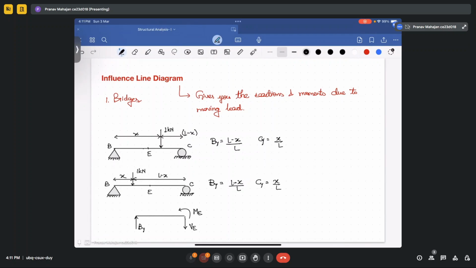Okay, so now your VE will be minus h upon L, and your ME will be h upon 2.